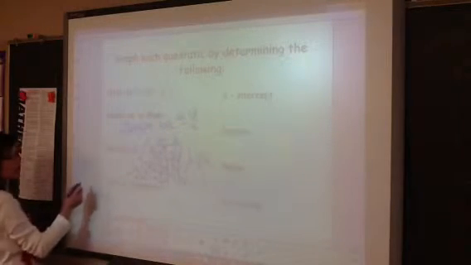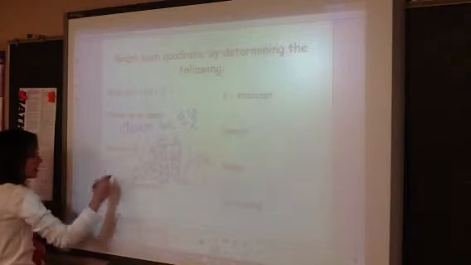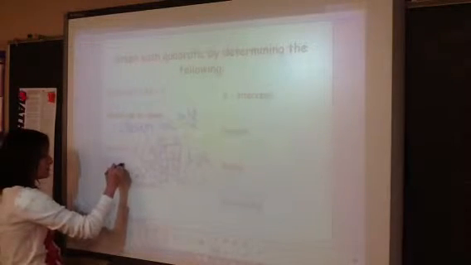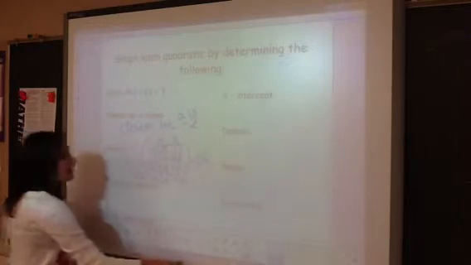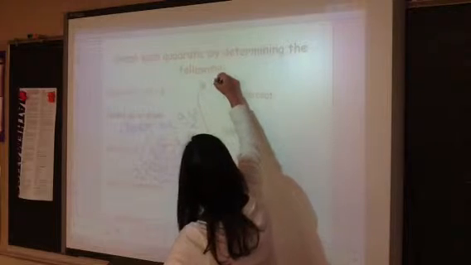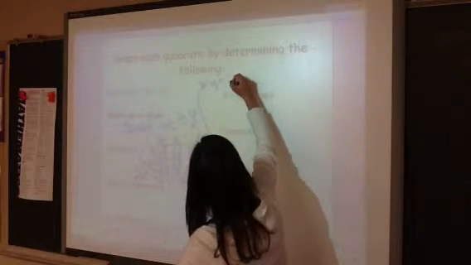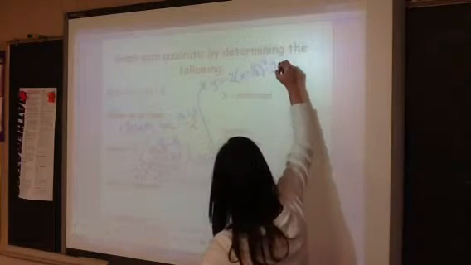So our vertex form would look like y equals negative 2 times the quantity x minus a half squared minus 2 and a half. I'm going to write that here. So y equals negative 2 times x minus a half squared minus 2 and a half.